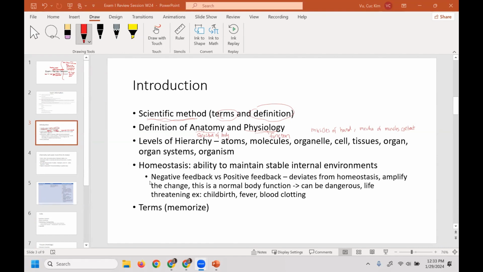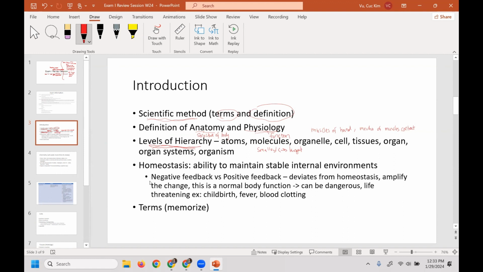Okay. Then make sure you know the levels of the hierarchy. I actually had an email about this one, that students didn't see this in your notes. It's in there. So make sure you learn the order from smallest to largest, or it could be largest to smallest.